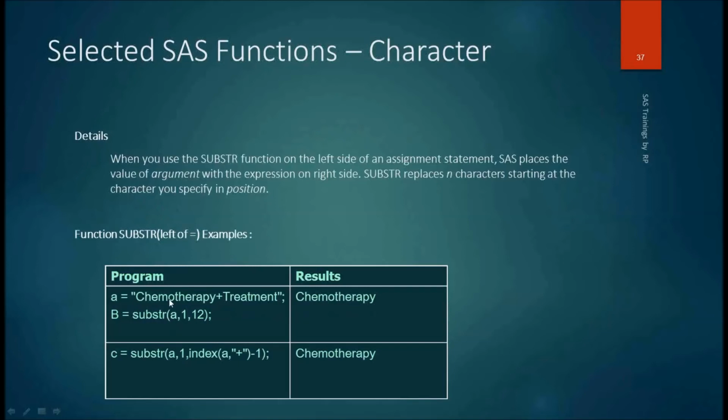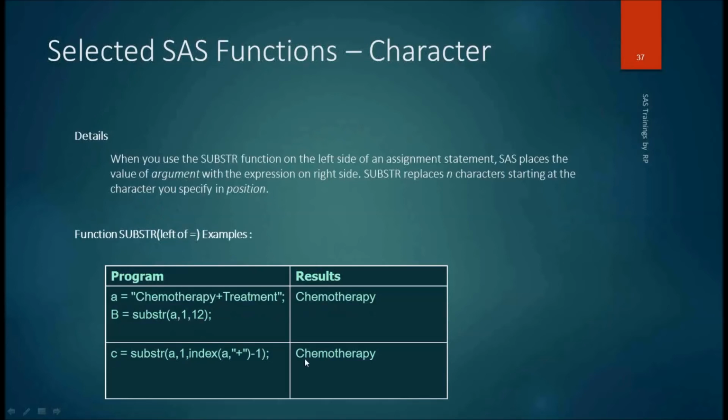A has the source information, and the starting position is 1, because I have to read this variable starting from 1, and the number of positions is 12. If you count chemotherapy, 1, 2, 3, 4, 5, 6, 7, 8, 9, 10, 11, 12, I have to read till the 12th position. That's why the number of characters is 12. So as a result, we'll get chemotherapy.